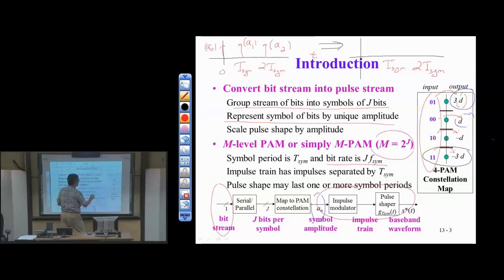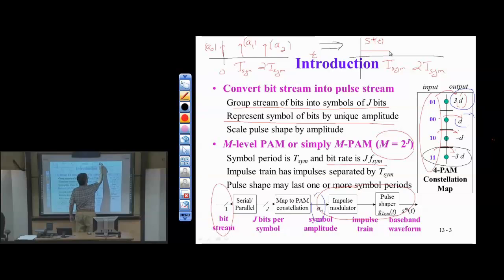So this would now be S star of t, the output of the baseband modulation here. I'm going to start with A0, whatever A0 happens to be. That will be held until I get to T-sim. And then the next symbol amplitude gets held.